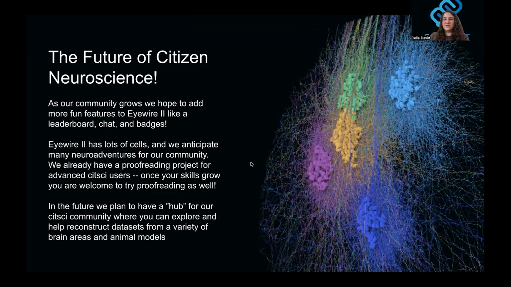So if you're interested, once you get comfortable with the Cilia project, we're happy to help you get edit access to the data set and start working on some proofreading projects as well. We also plan to have a community hub in the future for all of our projects. So those are some things to look forward to.